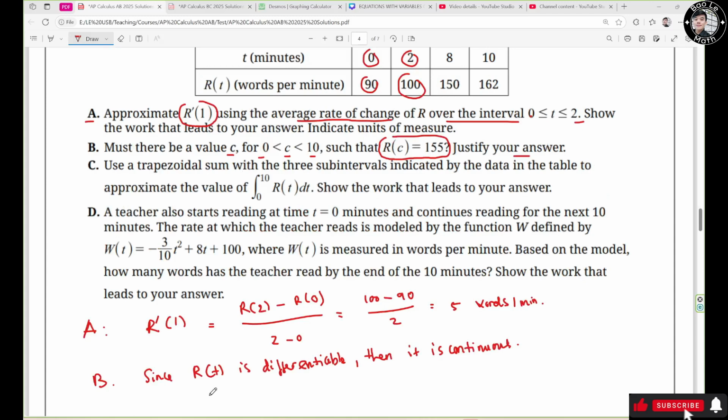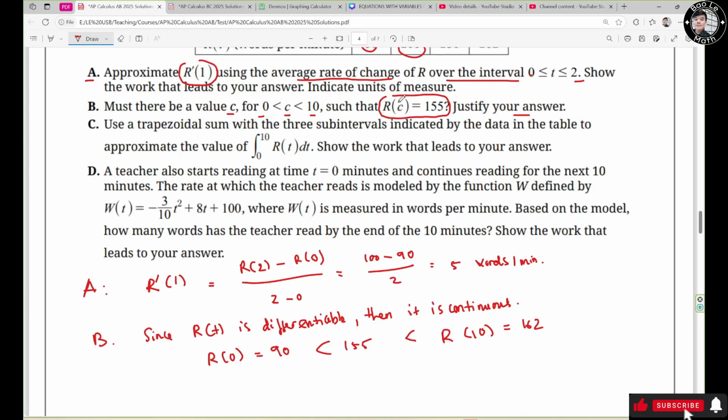Now we're going to check r of 0, r of 10. r of 0 equals 90, right? r of 10 equals 162, right? This guy is less than 155 and 155 is less than this one, right?